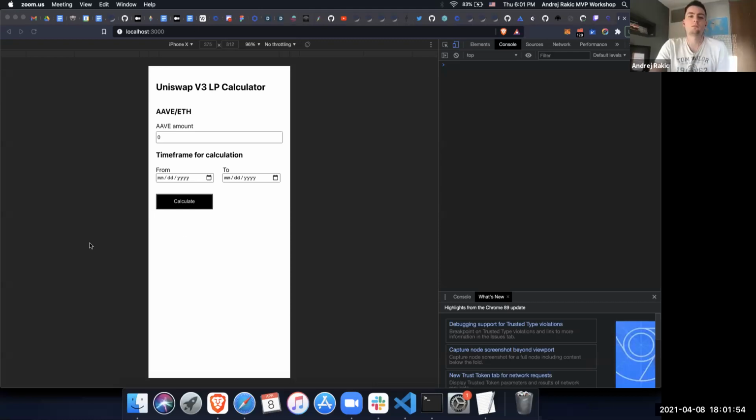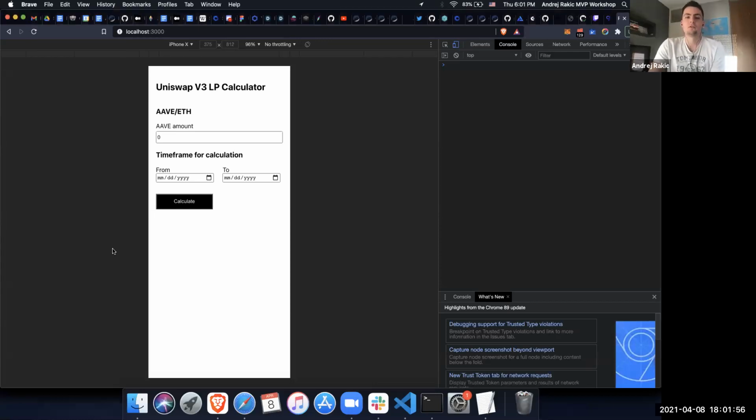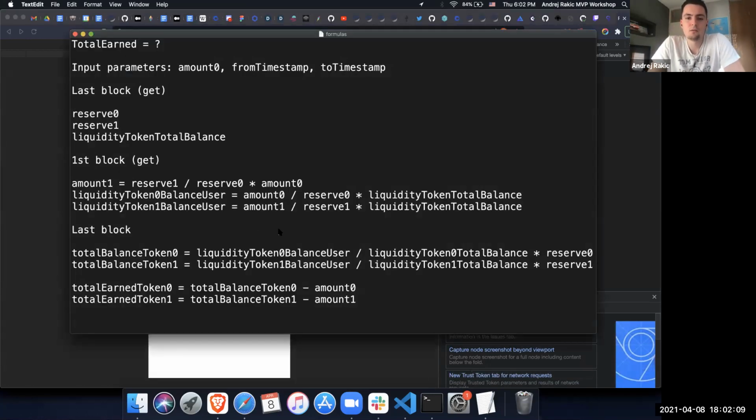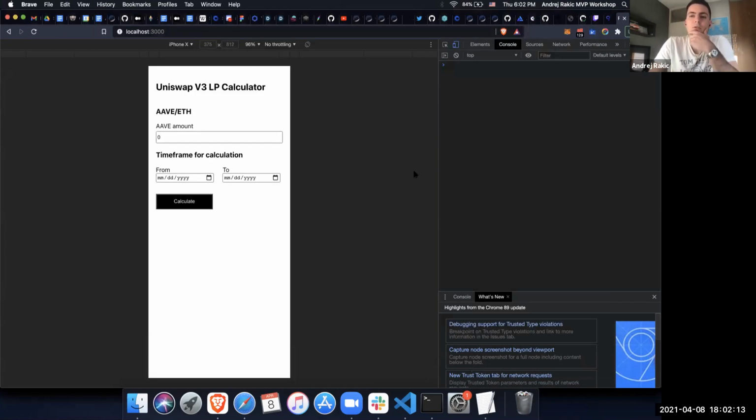So we have a simple demo of this, but obviously for Uniswap version 2 data, because version 3 isn't live yet, so we don't have the actual data to manipulate. But here are the formulas Shimon talked about, and as he said, on Uniswap info there is that data, but they don't do these calculations.